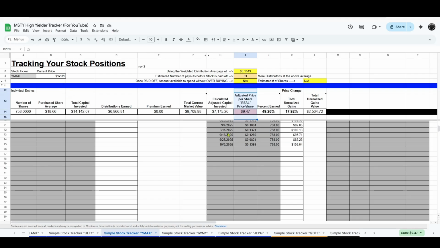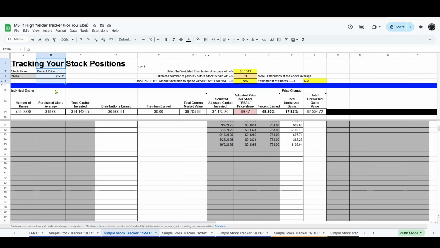Because if you're looking at this one for an example and you see your purchase price of $18.66, well, the current price of YMAX being at $12.81, your first thought is it's below my average of $18.66, so I'm going to purchase. And you can, right? It is your choice. And of course, it will lower your purchase price per share here from 18.66 down to something else, right?